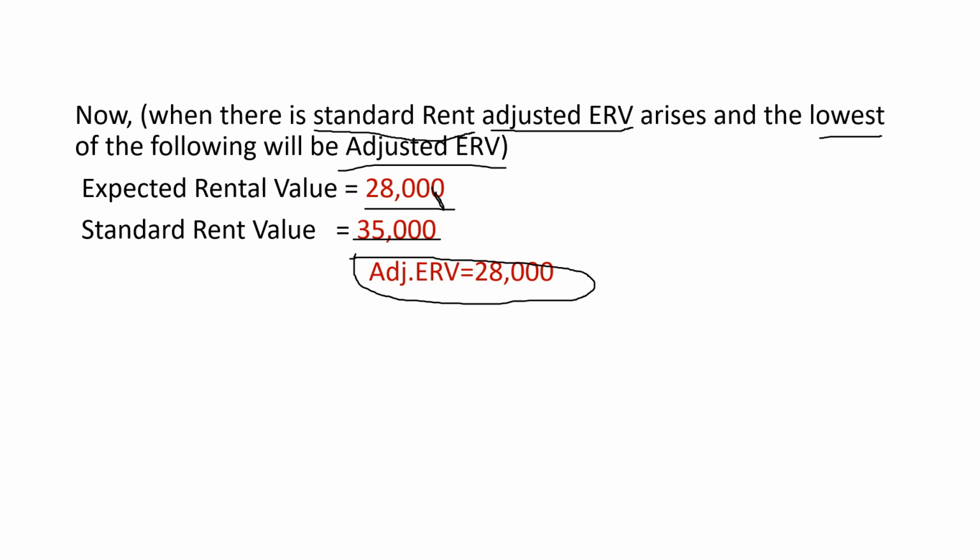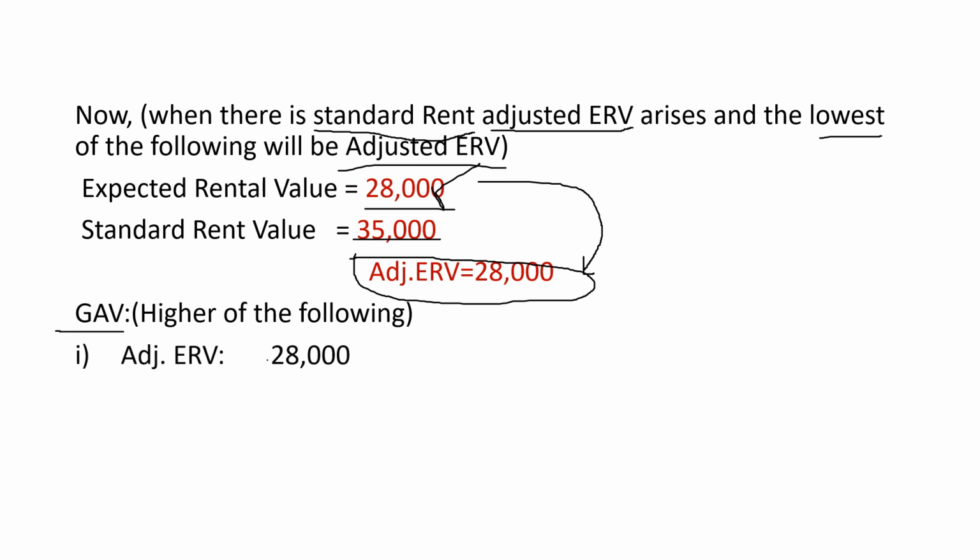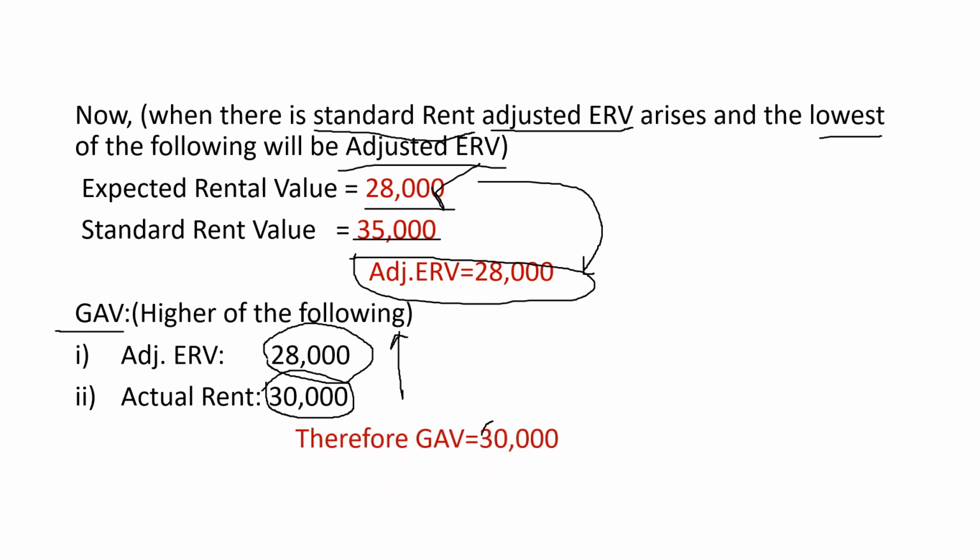And next, now GAV. So GAV, adjusted ERV is 28,000 and actual rent is 30,000. And from these two, we will be taking higher value. So GAV will be 30,000. So this is the GAV for house 2, 30,000.